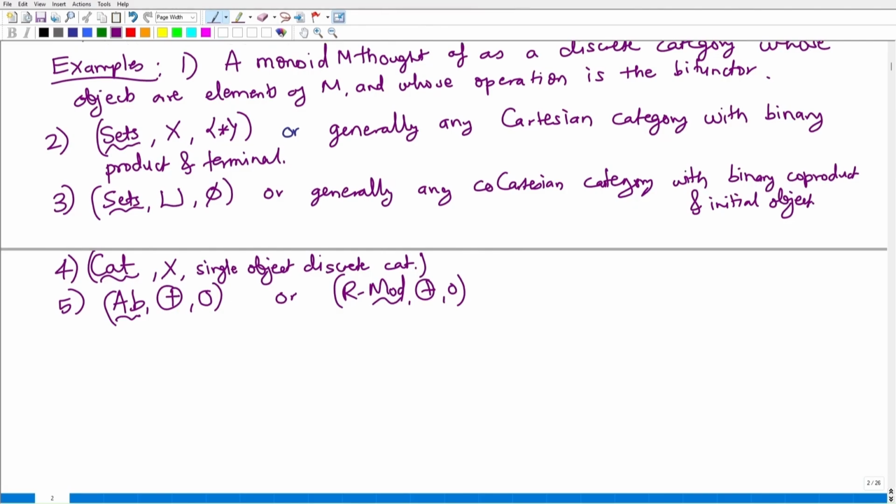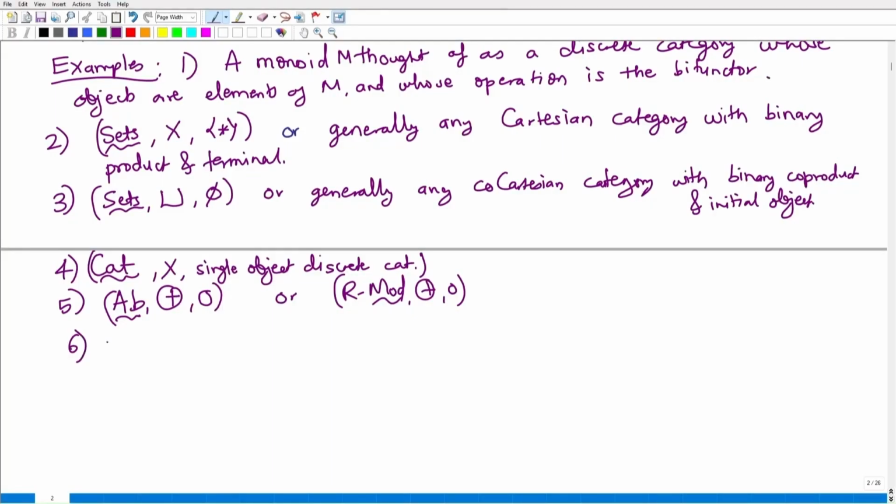Then in general, you can also talk about a lattice or a semi-lattice, with respect to either join or meet, whatever is available. I should say bounded.